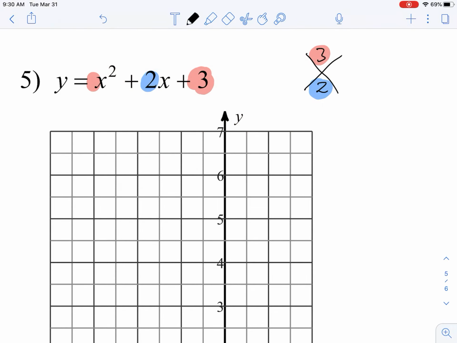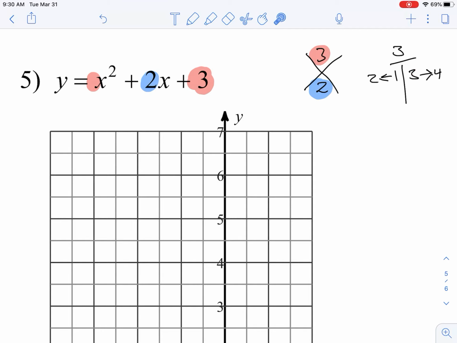So if you think about the factors of 3, we have 1 times 3 and that's it. And we are either going to be able to add them to make 4 or subtract them to make 2. But in order to subtract them, one of these two numbers is going to have to be negative.